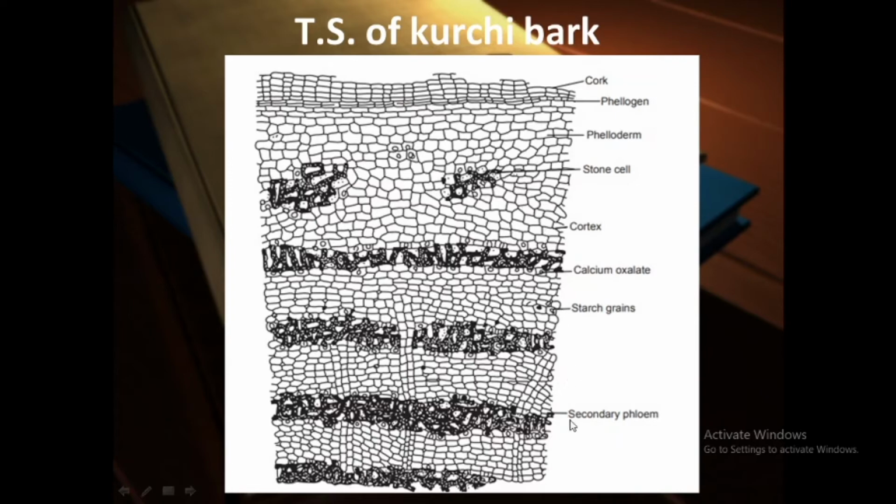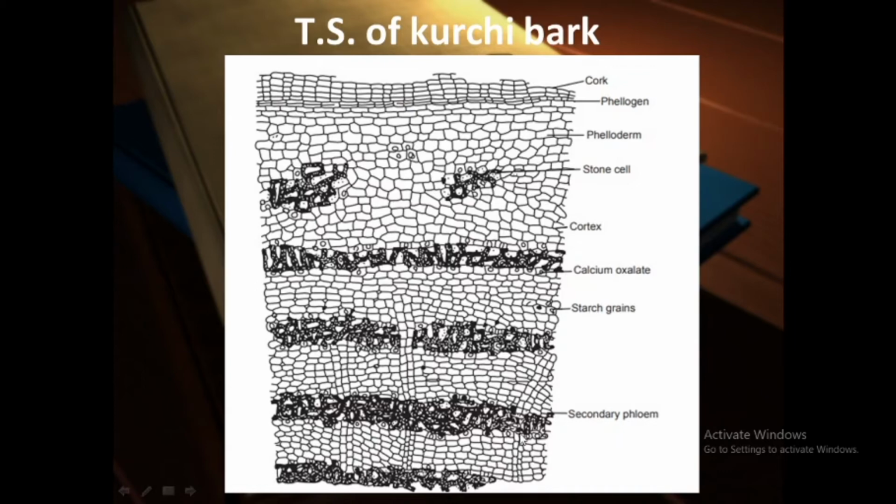Just see the last section, that is secondary phloem, which contains the stone cells and the medullary rays. So the stone cells are again in tangential rows containing diamond shaped or rhombic calcium oxalate crystals.